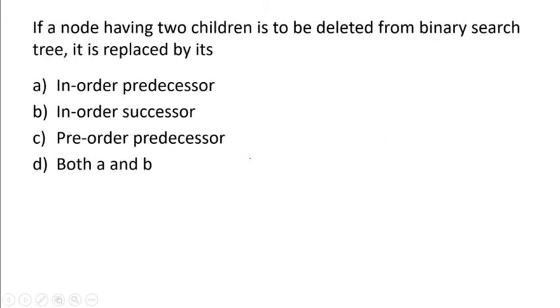Okay, next question. If a node having two children is to be deleted from a binary search tree, it is replaced by its, yeah, we have seen this. What is the answer?